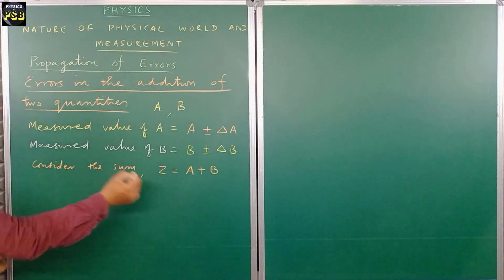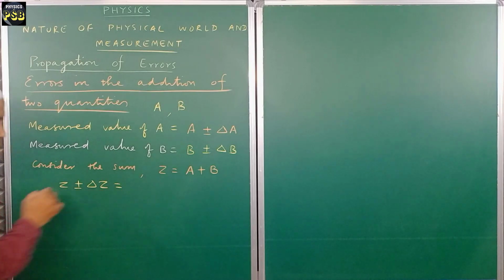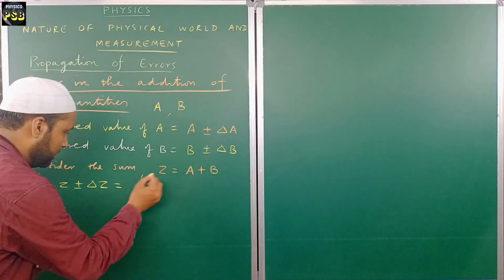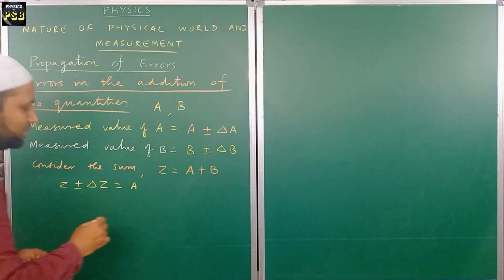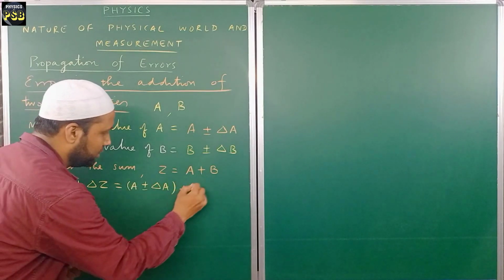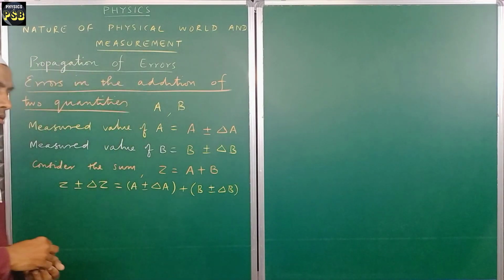So Z can be written as Z plus or minus delta Z. This is the maximum possible error in the measurement of Z, which is nothing but A plus B. So it is written as A plus or minus delta A plus B plus or minus delta B.